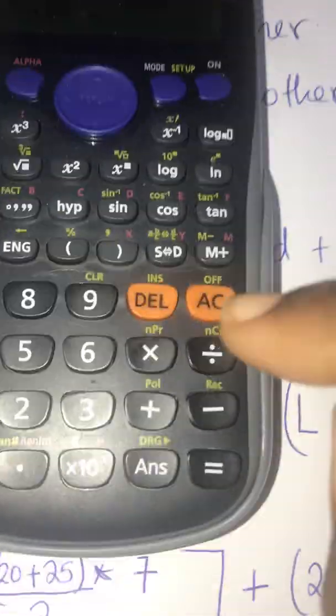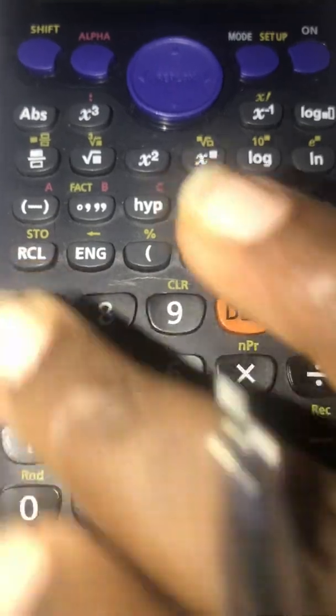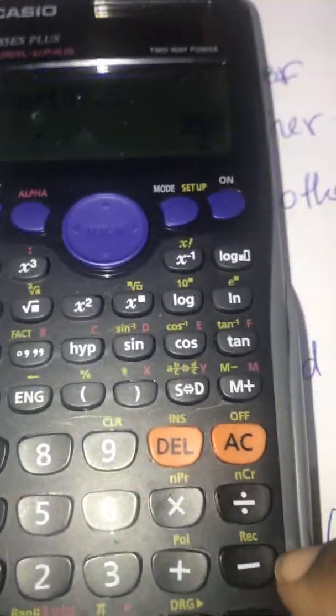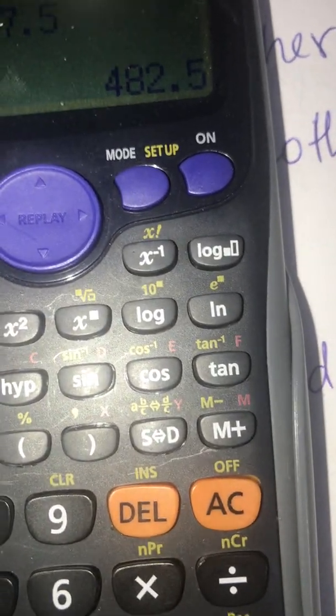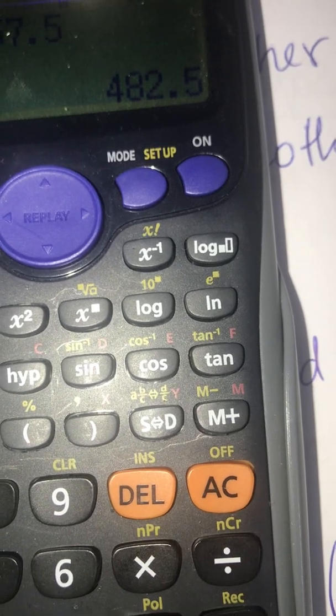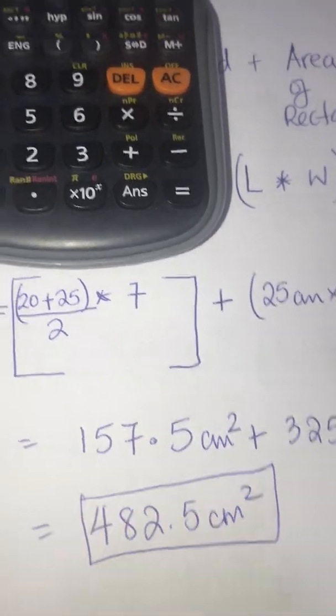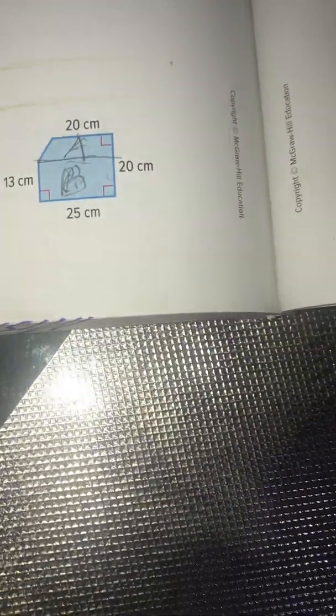Then what do you do? You add these two numbers, 325 plus 157.5, and you get 482.5 centimeters squared as the total area of the shape. So that is how we did example A, okay?